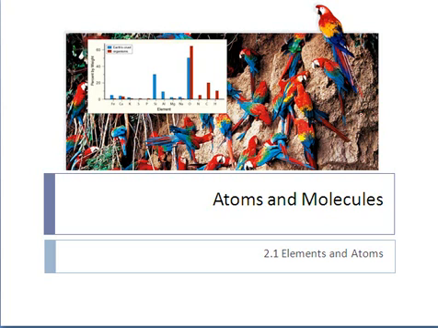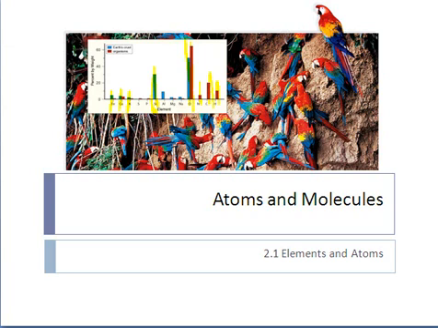Look at the beautiful colors that are shown on the parrots, and the abundance of oxygen, nitrogen, carbon, hydrogen, nitrogen. Over here we have silicon, and in the beginning we have sodium, iron, calcium, and potassium. These are just some of the elements that are present in both kinds of objects.